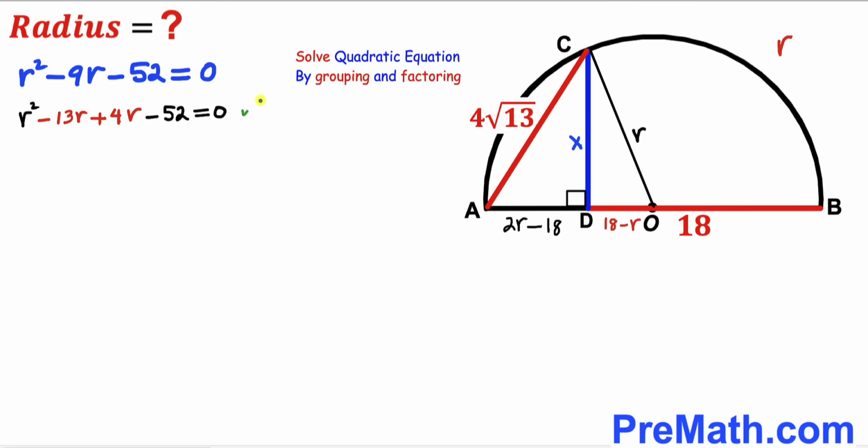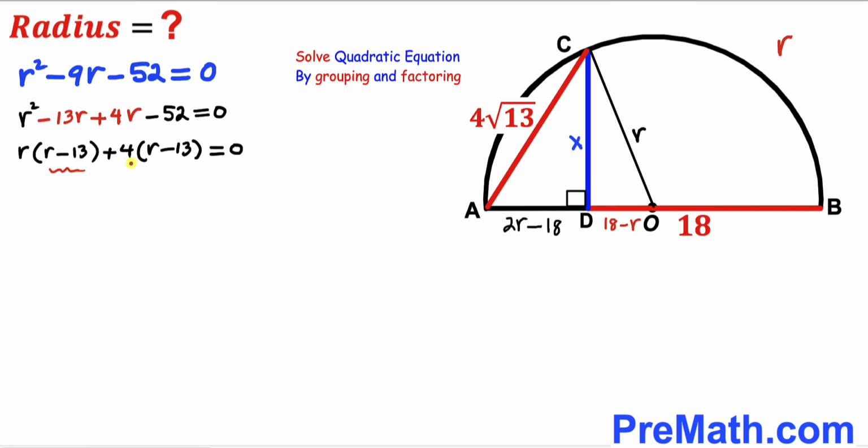As you can see in this next step, I have replaced this negative 9r with negative 13r plus 4r. Between the first two terms r is in common, and between the last two terms 4 is in common. So therefore we can write r times (r minus 13) plus 4 times (r minus 13) equal to 0.